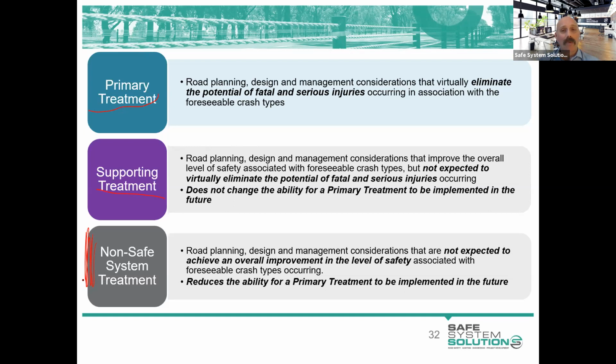We may not give it a primary for motorcyclists if it doesn't have underarm protection or a few other features. But for that runoff road crash, it virtually eliminates death and serious injury for passenger vehicles. We know there will be very rare circumstances where it doesn't quite do its job or some freak incident occurs in the crash, but we know that it's so highly effective that it gets that primary categorization.